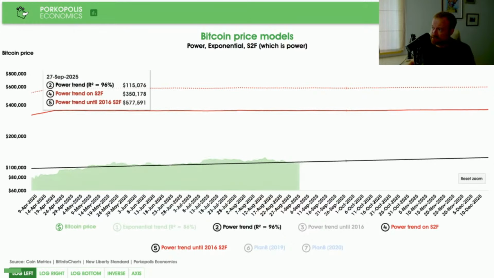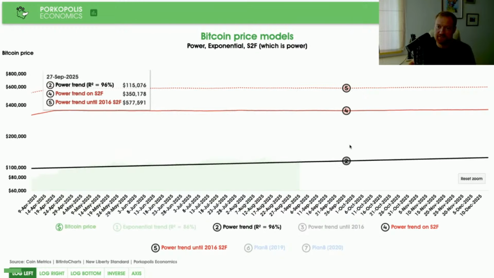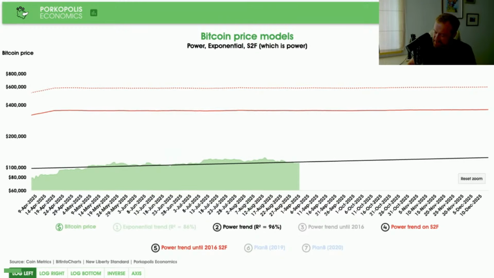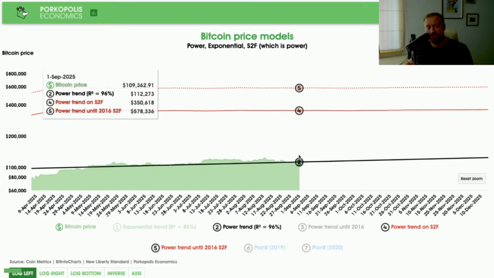And then let's take the 2016 divided by today's price, which is 109. All right, so 578 divided by 109, that's 5.3x off. Minus 1, 430%. That's 430% difference.